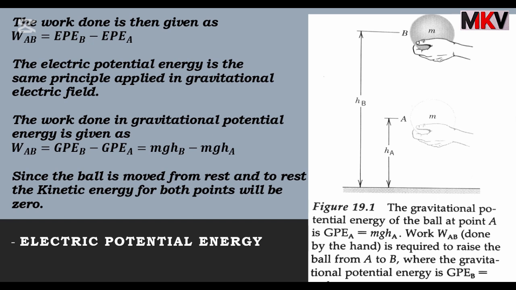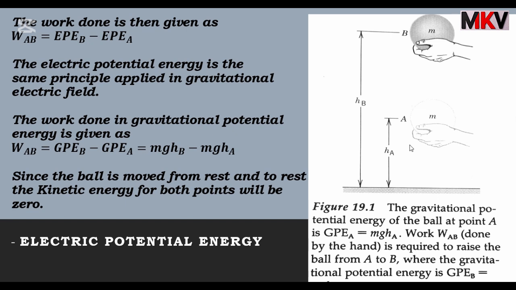You're moving the ball from point A to point B. Point A has a shorter height and point B has a higher height, meaning at point B the gravitational potential energy will be higher compared to point A. So it's the same principle from electric potential energy that is applied in gravitational potential energy.